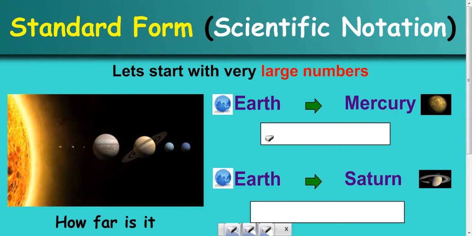Very large numbers here, if you're talking about distances between planets and things like this, you generate huge numbers. I mean, the distance between Earth and Mercury is 77 million kilometres.